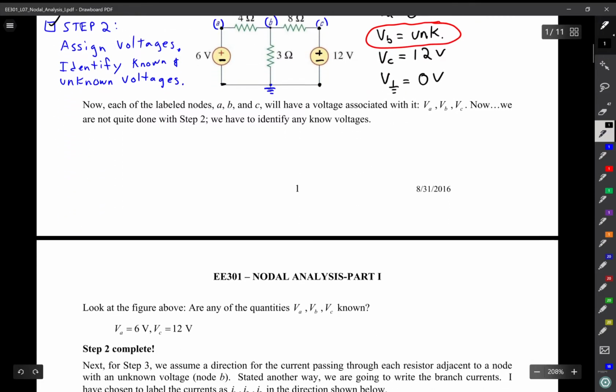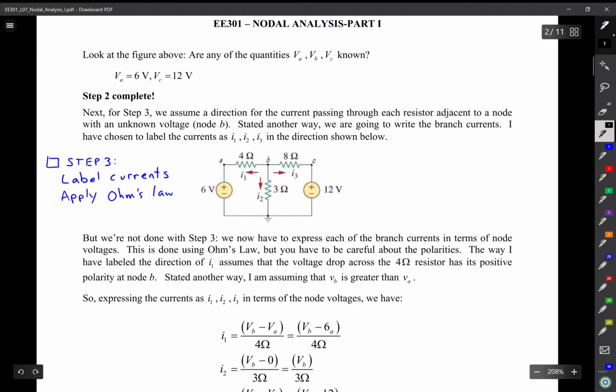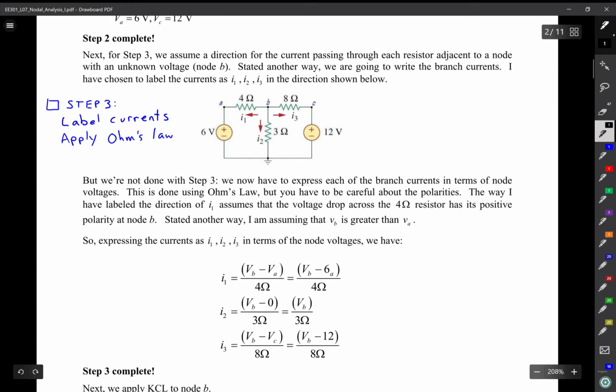Now, let's go on and look at step 3. Step 3 is to label the currents and apply Ohm's law. Here's the step where we define the direction of the currents. And here's the rule of thumb: assume a direction. And that's it.